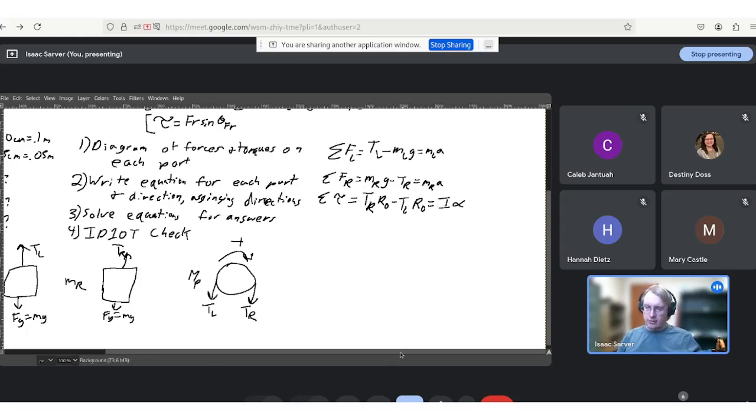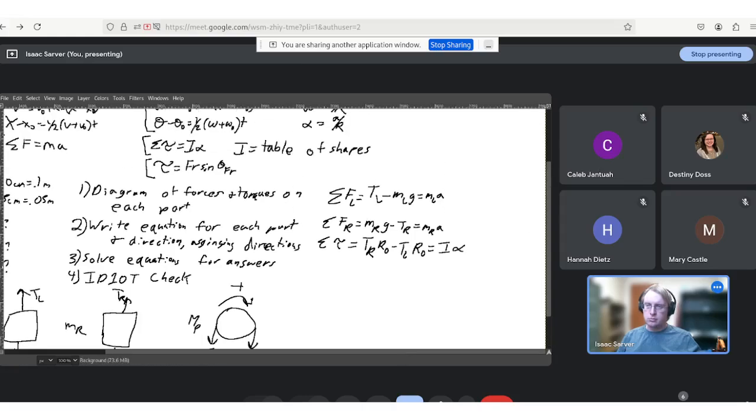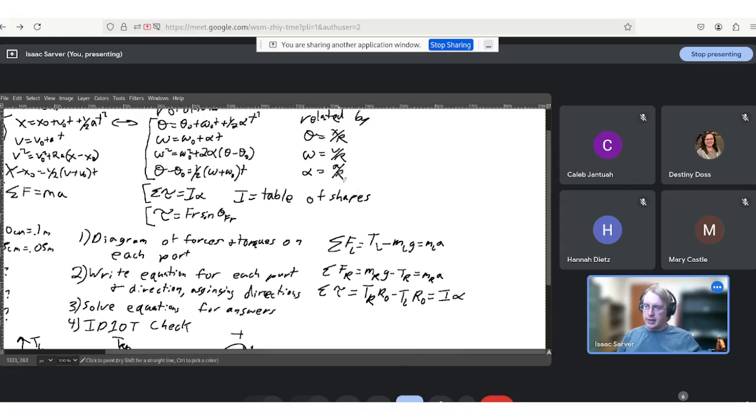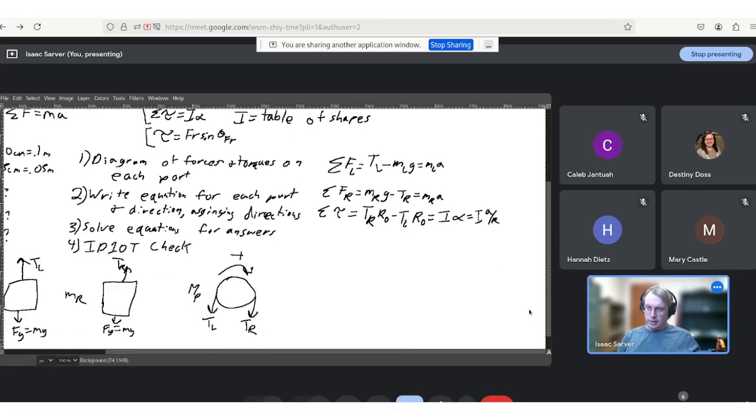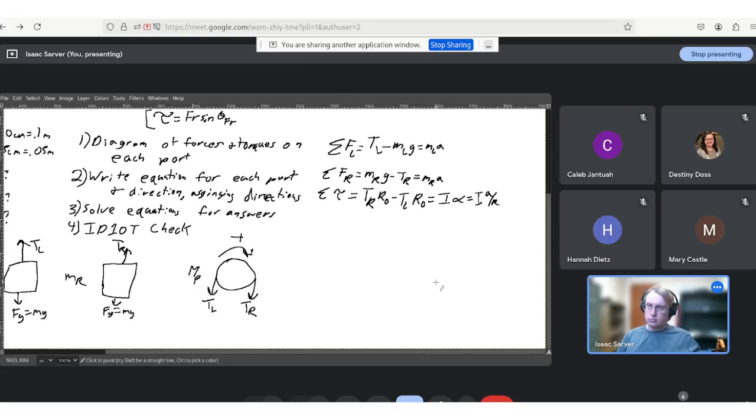To get rid of that alpha, I need to invoke alpha equals a over R. So this becomes I a over R. Now, I haven't provided you with the massive table that I is going to invoke yet.